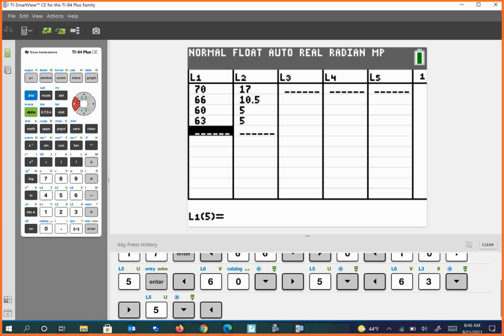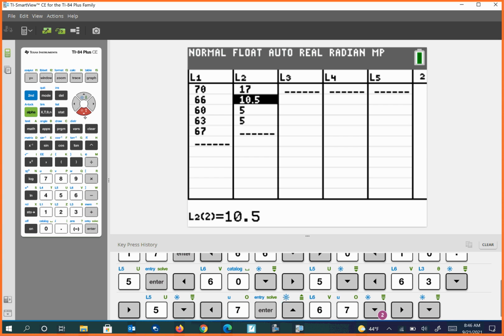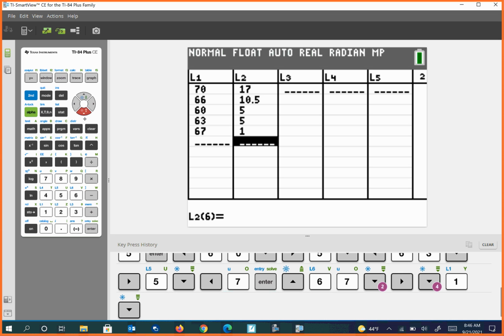Go ahead. 67 and what? 10. So you're going to be 69. I'm just going to use these 2 rows, not because the rest of you aren't important. 67 and 8.